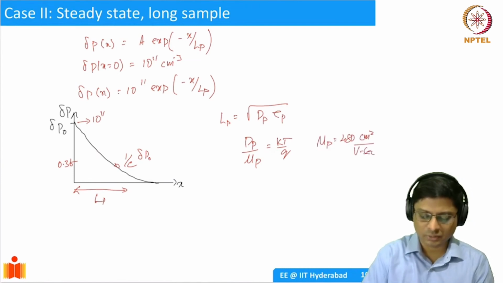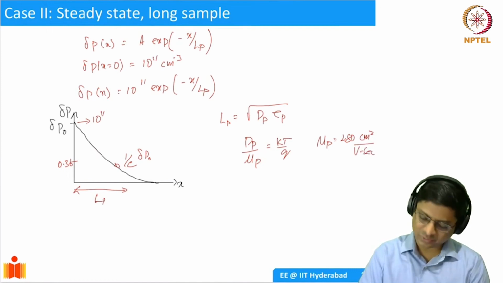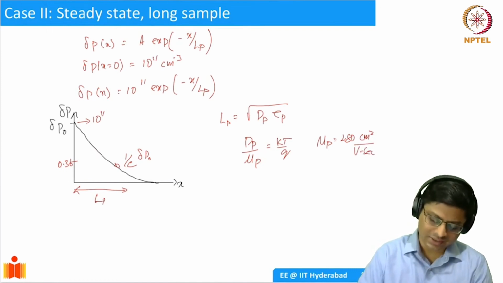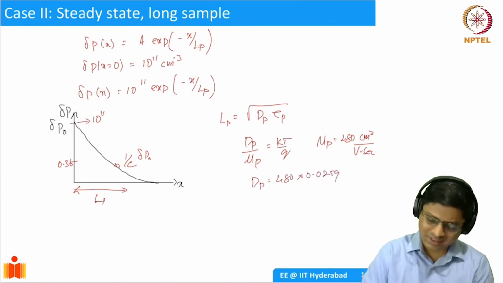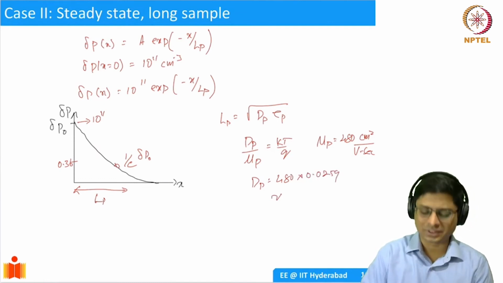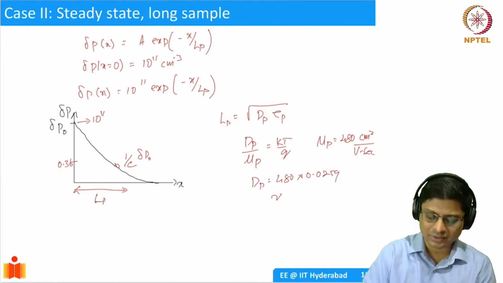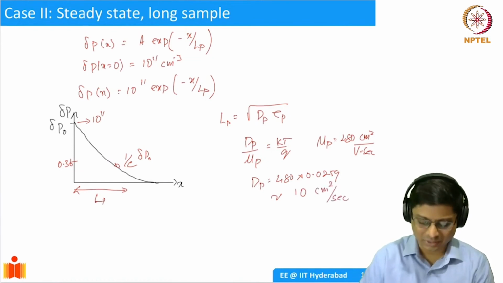You multiply it by 0.0256 or 0.0259, and DP is going to be 480 times 0.0259. It will be something in the range of 10 or so. Let's assume it to be 10 centimeter square per second. You can verify this; I don't want to calculate it.